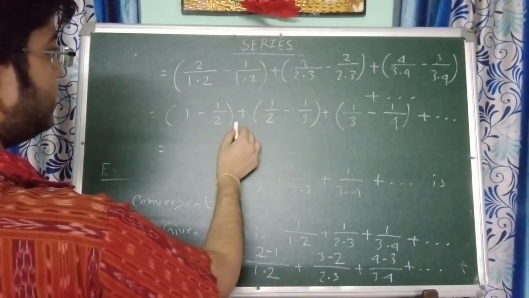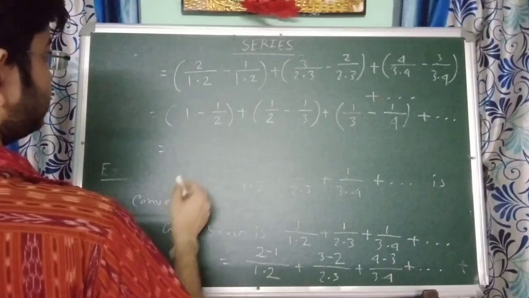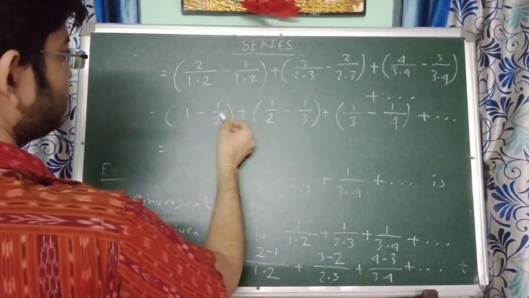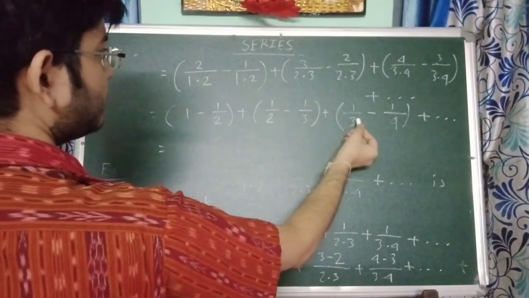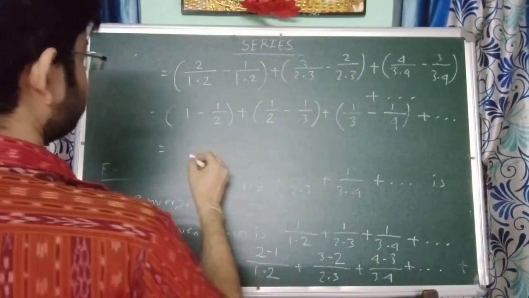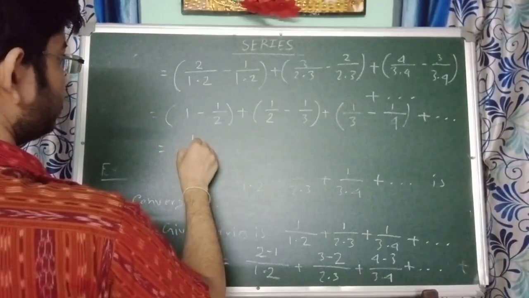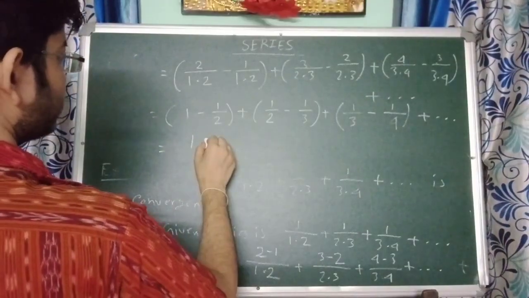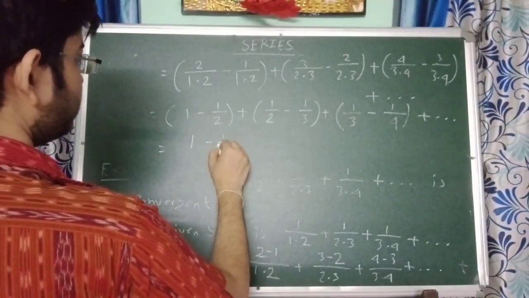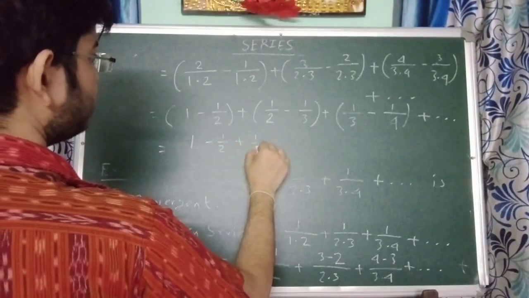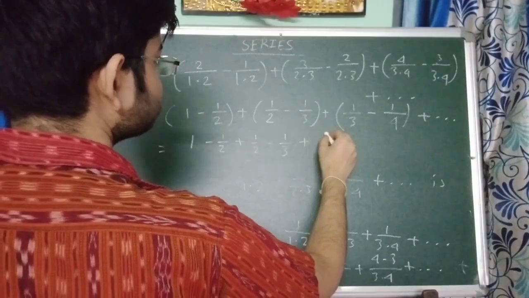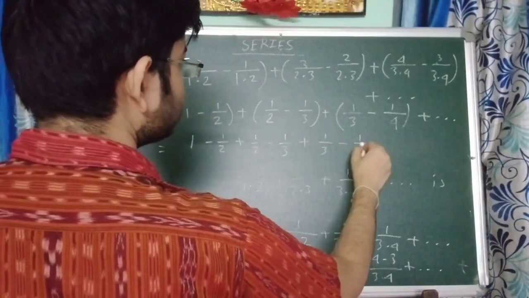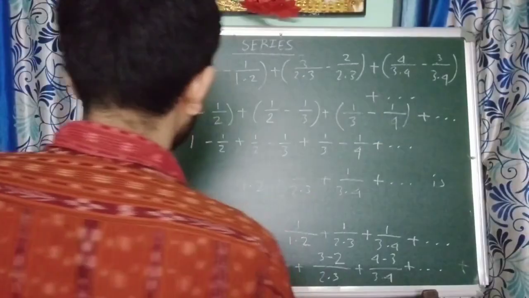If we remove these brackets, then minus 1 by 2 plus 1 by 2 cancel out, minus 1 by 3 plus 1 by 3 cancel out and so on. So we get 1 minus 1 by 2 plus 1 by 2 minus 1 by 3 plus 1 by 3 minus 1 by 4 and so on.